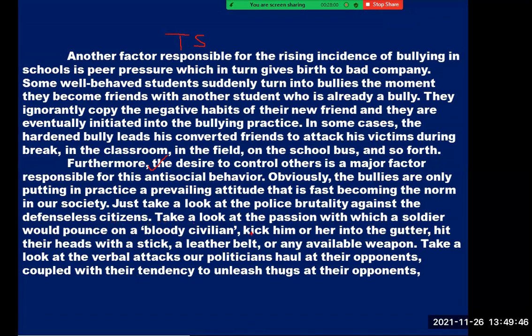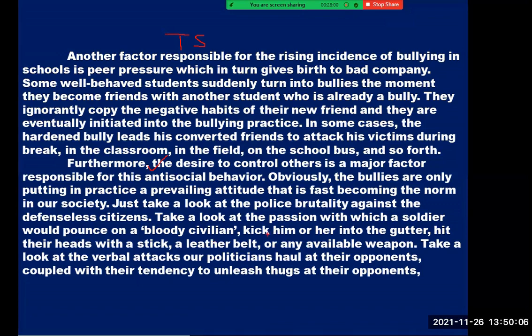Take a look at the passion with which a soldier would pounce on a "bloody civilian." You know, in our own society, soldiers call civilians bloody civilians, so you put this in quotes just to emphasize that idea.